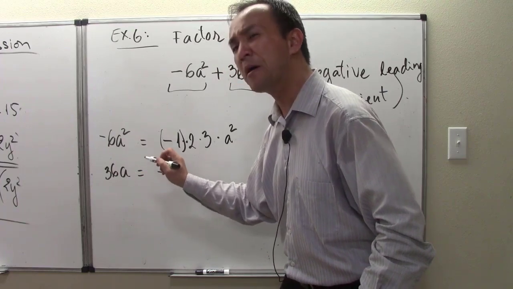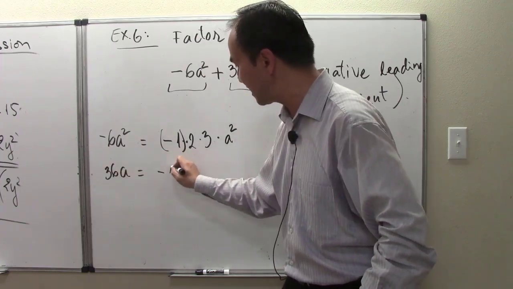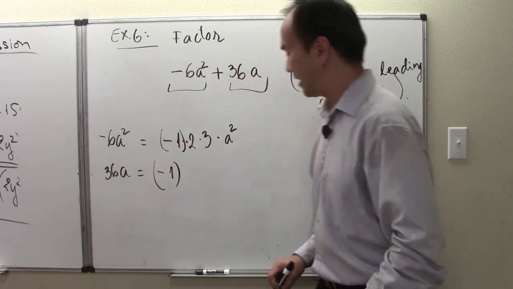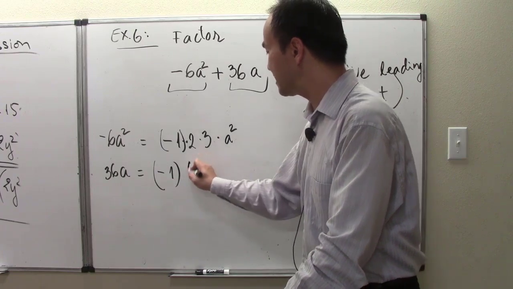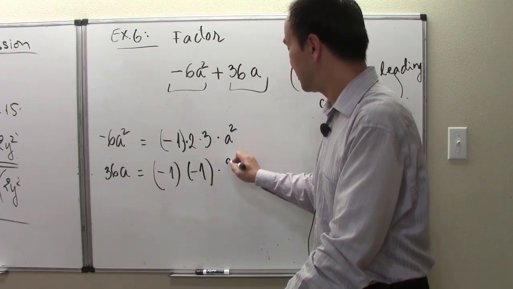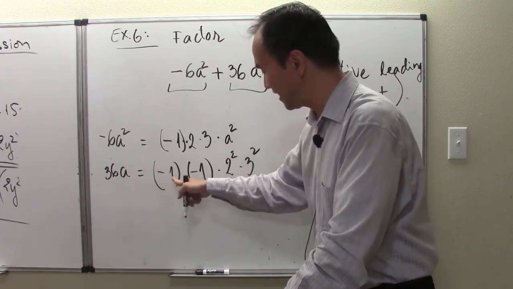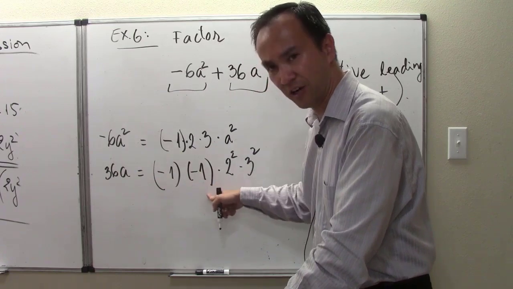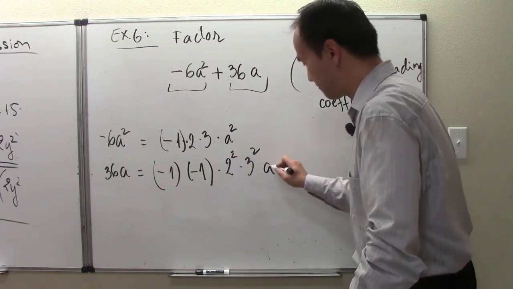Even though it's positive 36a, let's see that as negative 1 times another negative 1 times 2 squared times 3 squared, and then times a.